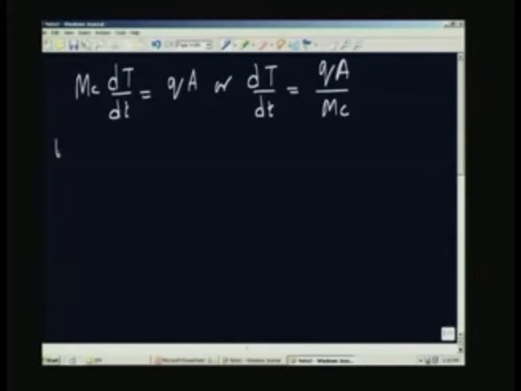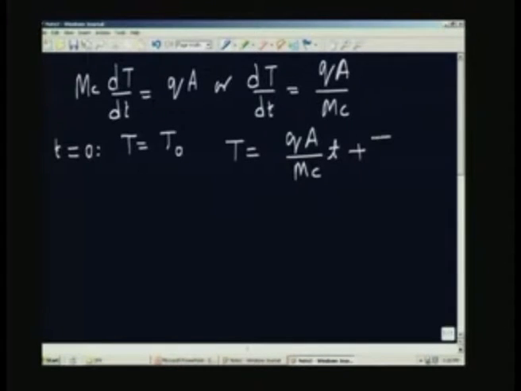Initially at t equal to 0, we are assuming that T is equal to T naught, which is the temperature of the slug at t equal to 0. If you integrate this once, you will get T equal to QA by mC multiplied by t plus some constant of integration, and putting t equal to 0, T equal to T naught, that is what is going to happen.